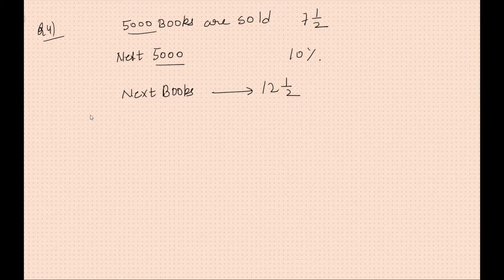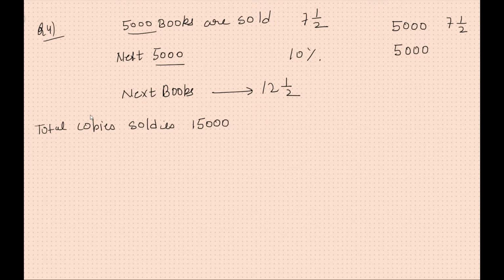So total copies sold is 15,000. For the first 5,000 he is getting 7.5% royalty, the next 5,000 he is getting 10% royalty, and for the last 5,000 he is getting 12.5% royalty.